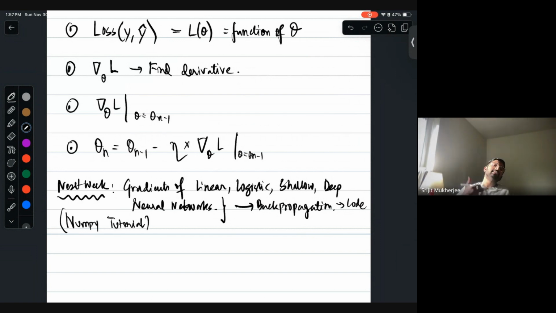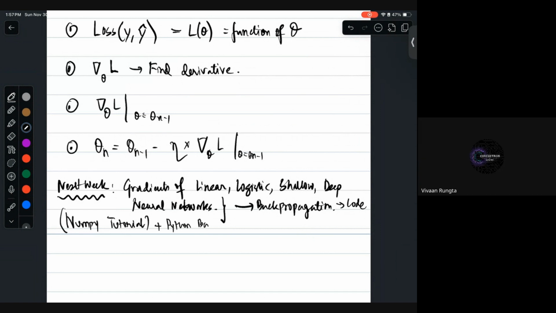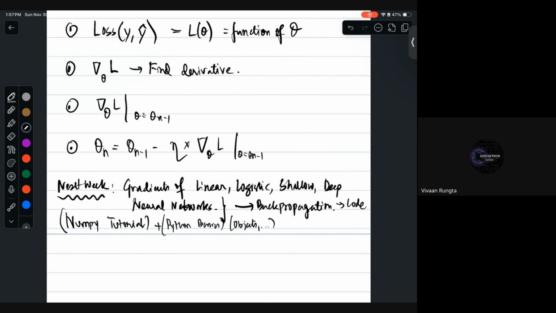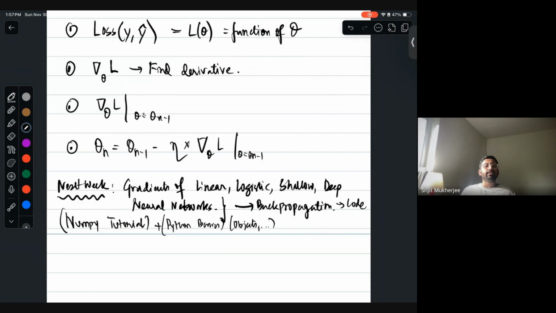Essentially it's matrix multiplication, plus Python basics, like object, class, objects, etc. So it will be gradients, derivatives in matrices, and the implementation in PyTorch.